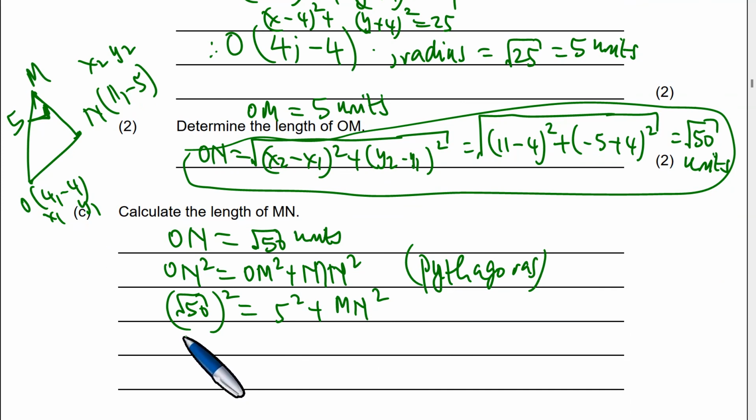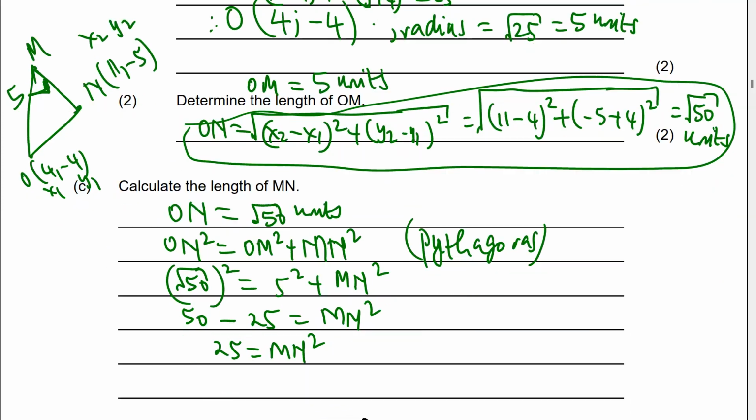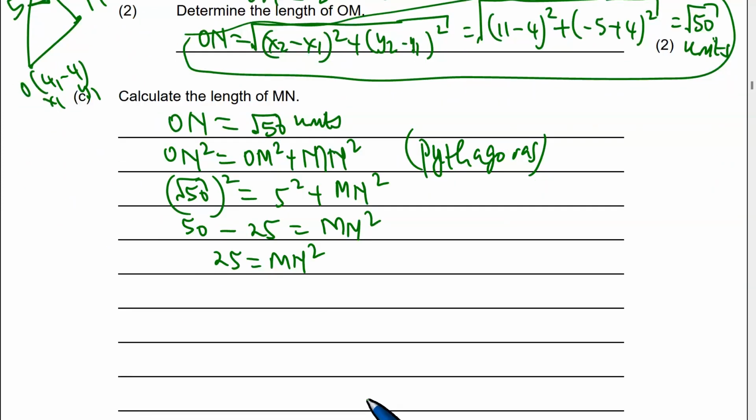If you square this one, it becomes 50. 5 squared is 25, and this is MN squared. 50 minus 25 is 25, so MN squared is 25. We're interested in MN, so we can take the square roots, both left and right. We only take the positive, which is 5.